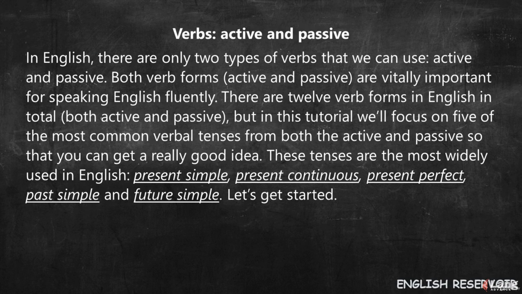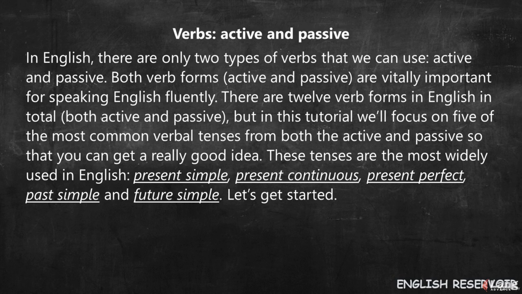Verbs, active and passive. In English, there are only 2 types of verbs that we can use, active and passive. Both verb forms, active and passive, are vitally important for speaking English fluently. There are 12 verb forms in English in total, both active and passive.